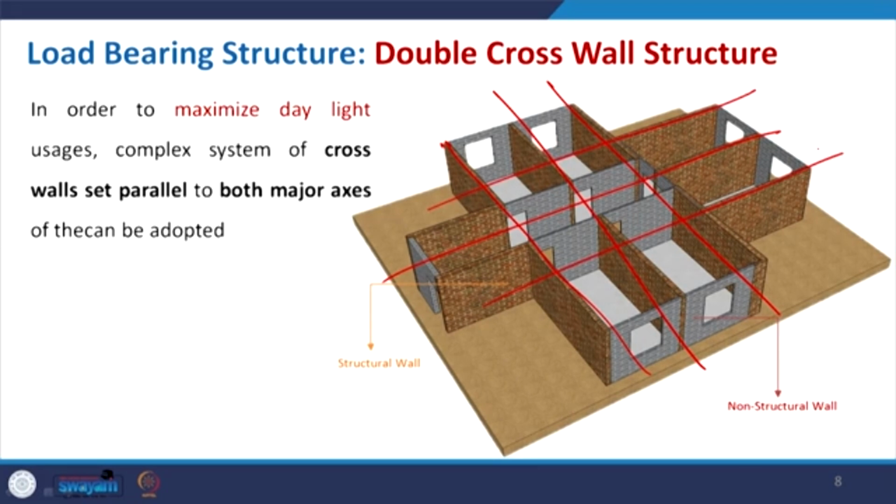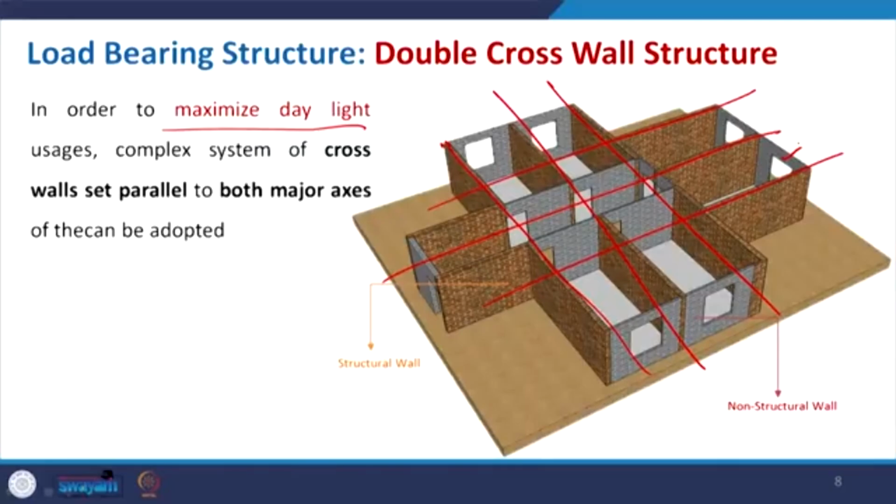And in order to maximize the daylight, which was the purpose basically, we create some non-structural walls. Essentially they will not take much load or transfer the load to the foundation. So, the main load will be carried by the parallel walls placed along both axes, and that should also be in a grid in this particular arrangement to satisfy the need. So, this is the double cross wall structure.